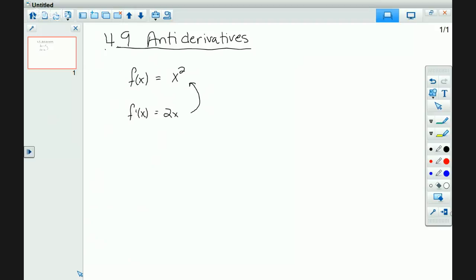All right, so antiderivative. How would I take that and make that up? You could, but it doesn't always work that way.